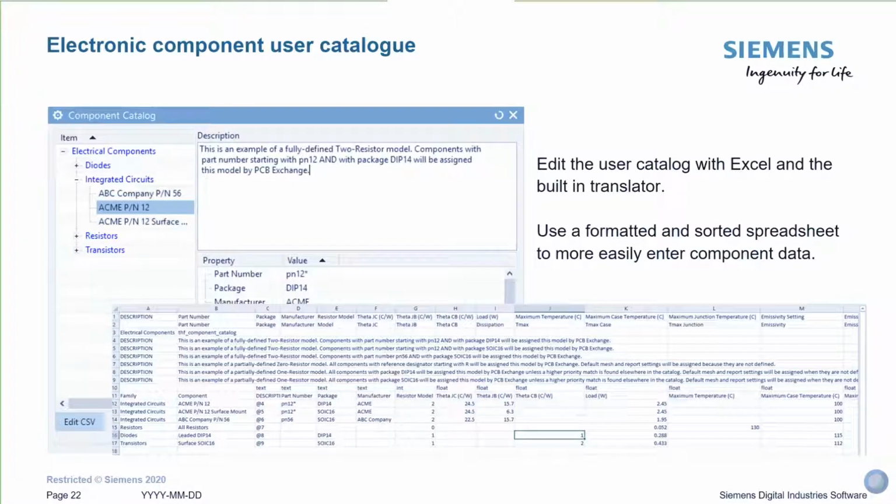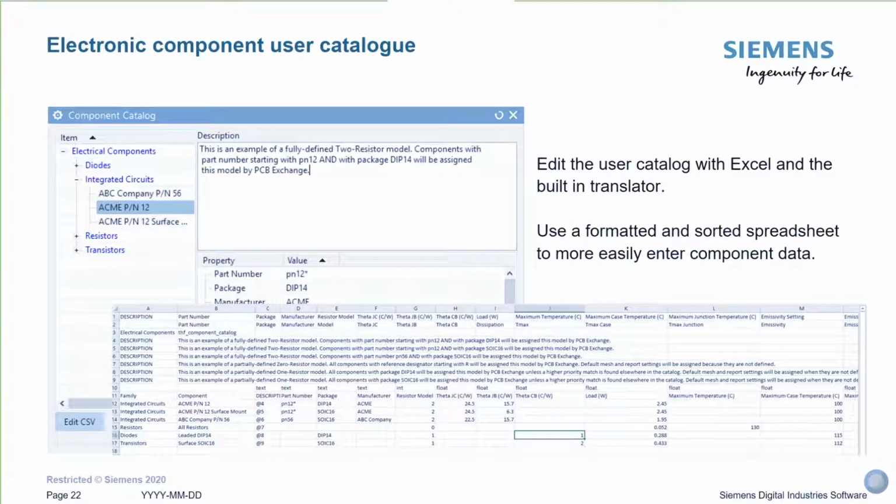Now, in order not to do this manually for every component, we have the concept of a component user catalog that exists in PCB Exchange and also through the SimCenter environment, SimCenter 3D environment in general. And this really allows you to specify and automate all the thermal properties that you require for your analysis in this catalog.